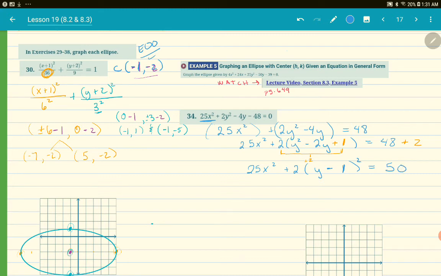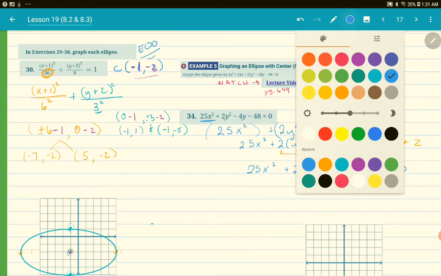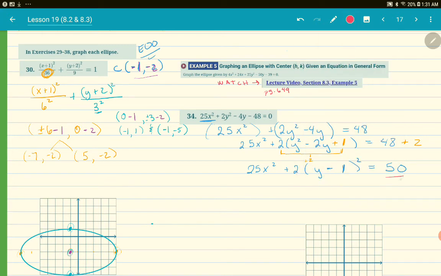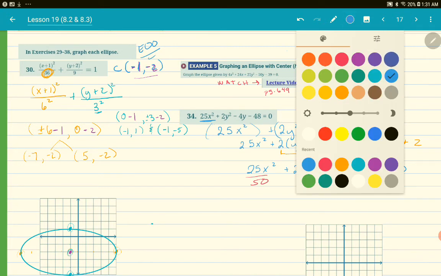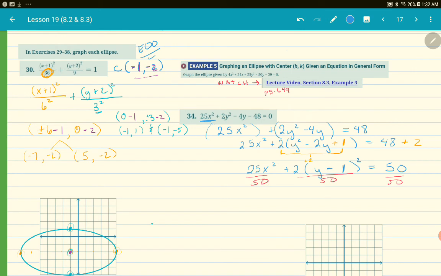All right, so I'm almost there. It's starting to look like it's in standard form. The only thing missing is that I don't have a 1 on the right-hand side. The constant has to be a 1. So I've got to divide everything by 50 to get that 1 on the right-hand side. So 25 divided by 50 gives me 1/2.